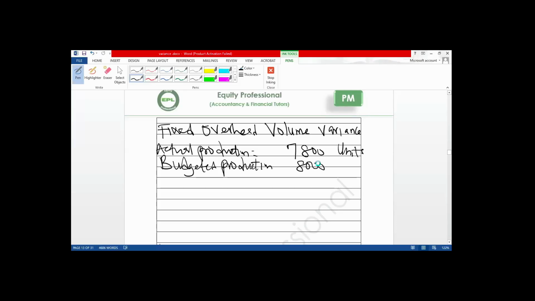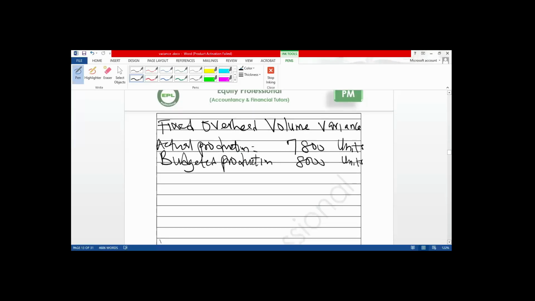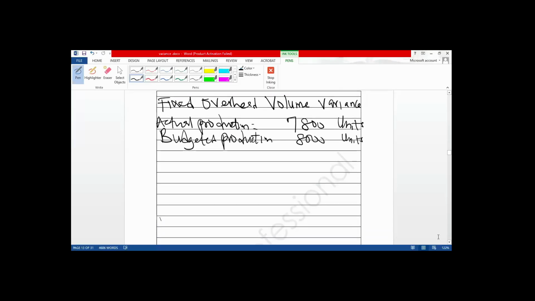That's 8,000 units. The difference between these two will give you a negative 200 units.